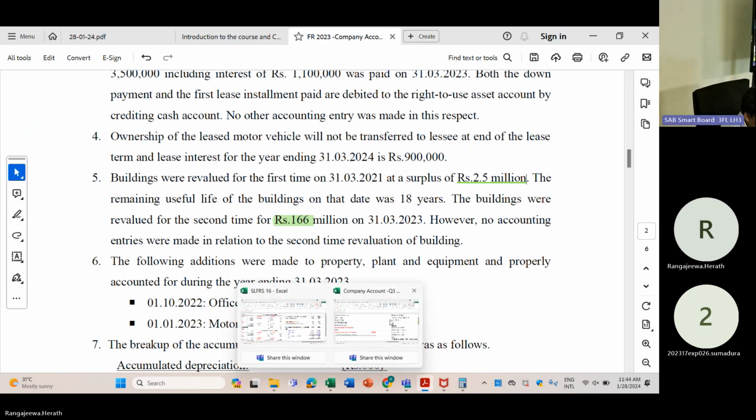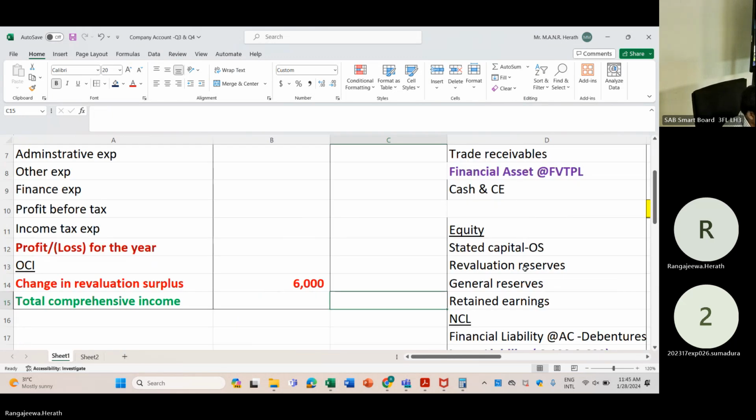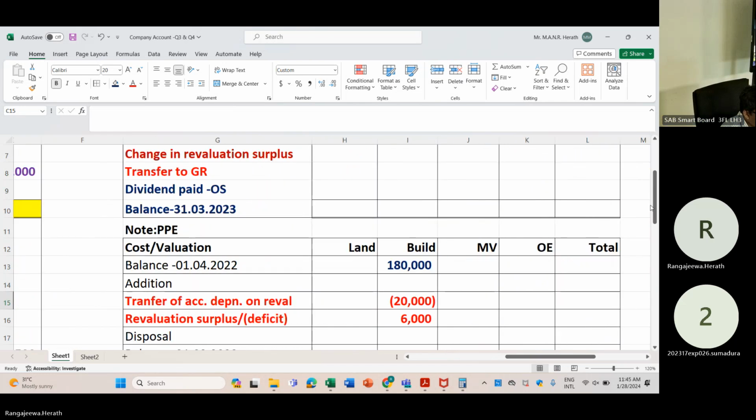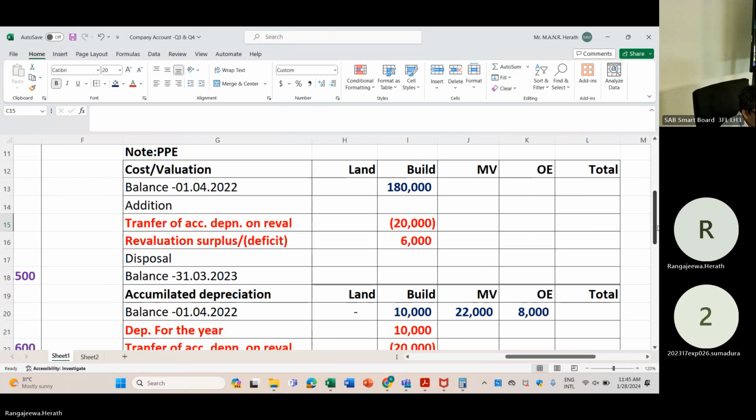Right. Then in the PP note we considered the adjustment made for the building.